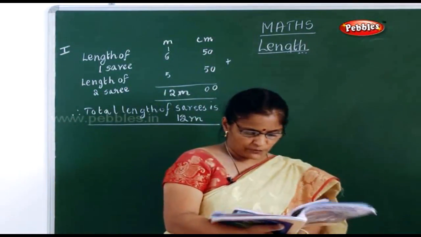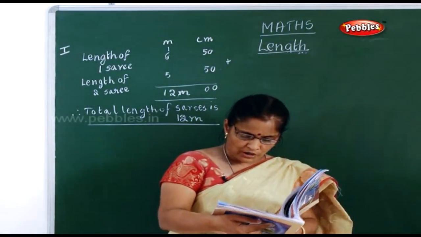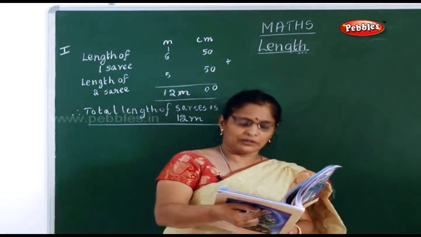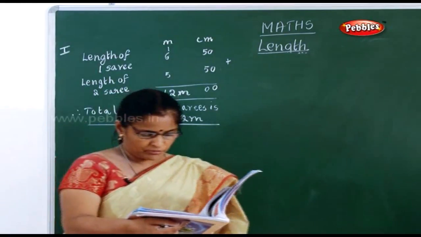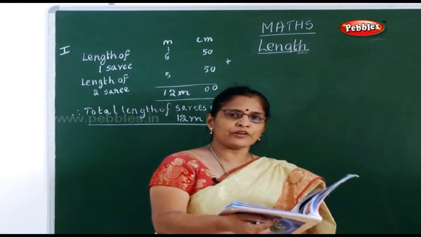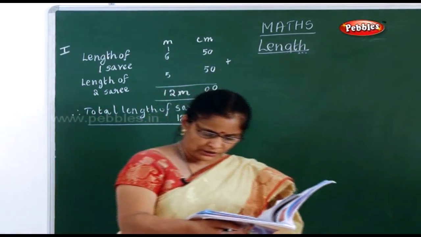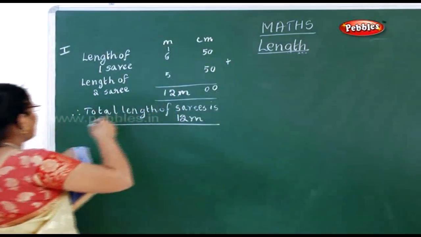Now next question. What is the next question they have asked? Mr. Naveen Kumar walked the distance of 200 meter 50 centimeter to reach the bank from his house. He returned back to his house. What distance did he walk together? So what is the second sum you have to do?